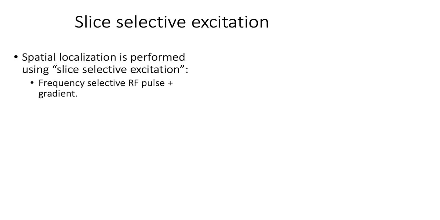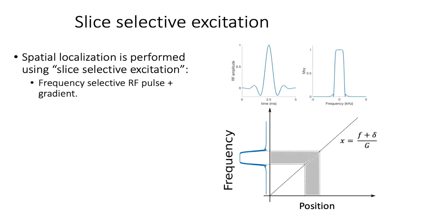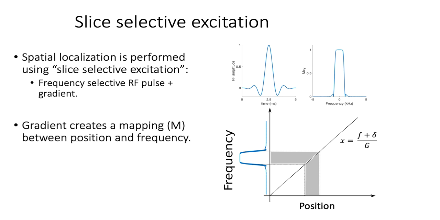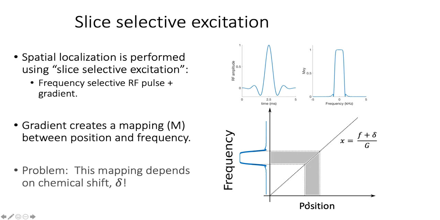When we have a shaped RF pulse, this shape is going to lead to a particular frequency profile, and that frequency profile, when combined with a gradient, is going to lead to the selection of a slice. It's this gradient that creates a mapping between position and frequency and allows a frequency-selective pulse to generate a slice selection.